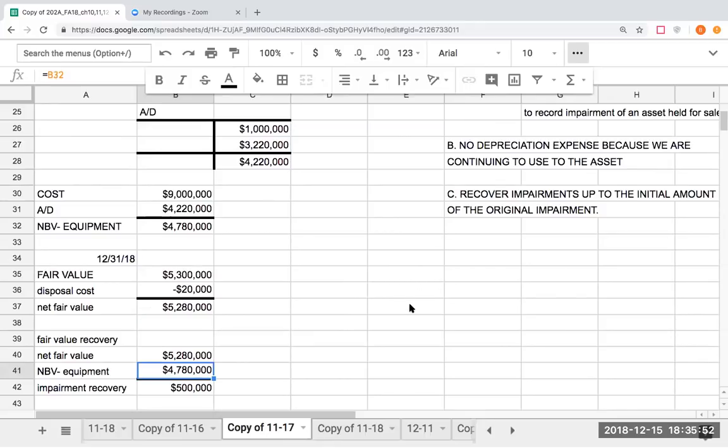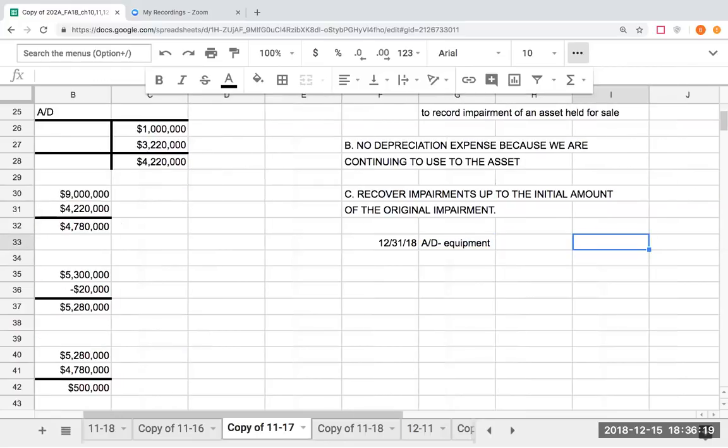Now, to be very clear, I would be extremely suspicious of something that's been on the books for a year and all of a sudden it's getting a recovery from impairment. I've never seen it, but that's why we're having fun here today in intermediate accounting. So on December 31st, 2018, I'm going to debit the accumulated depreciation on the equipment for $500,000.